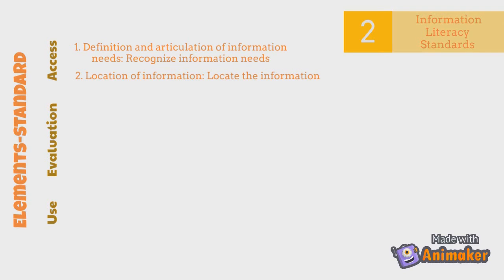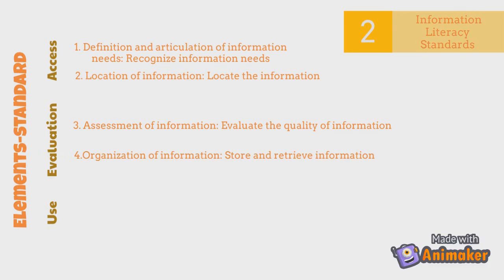Third, the assessment of information, they have to be able to evaluate the quality of information, whether it's good quality or not. Fourth, the organization of information. They have to be able to store or retrieve the information by themselves. Fifth, the use of information.